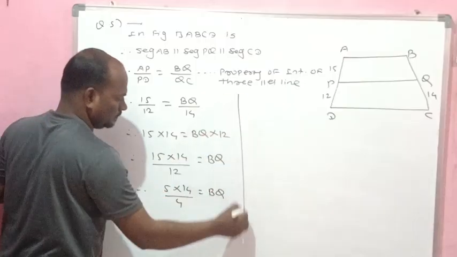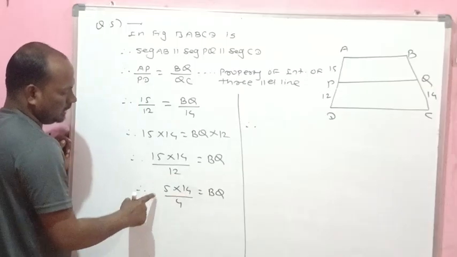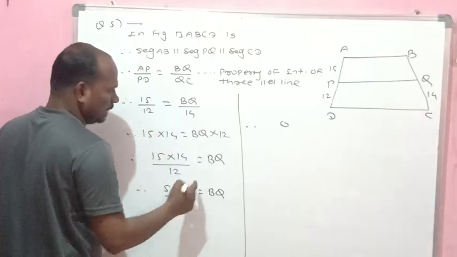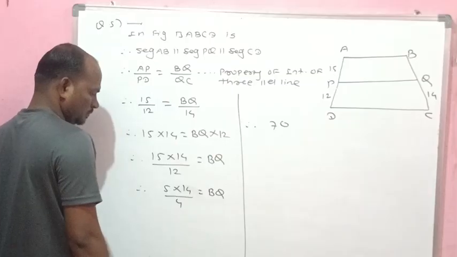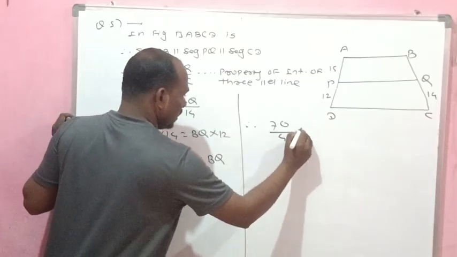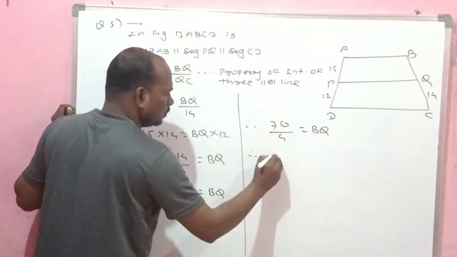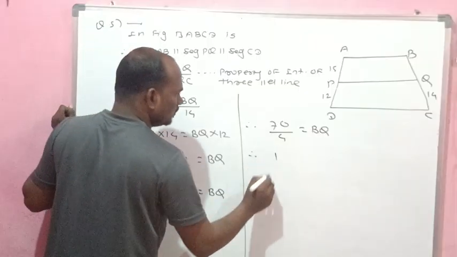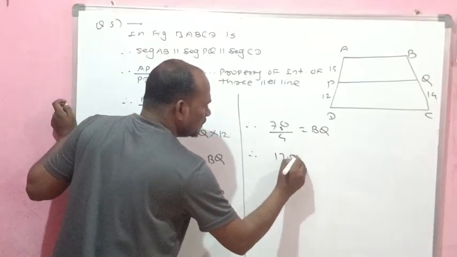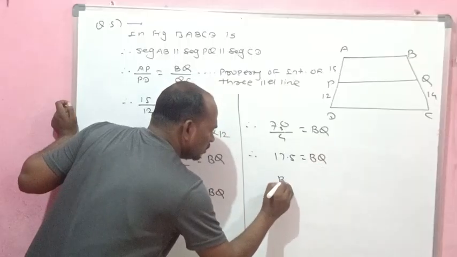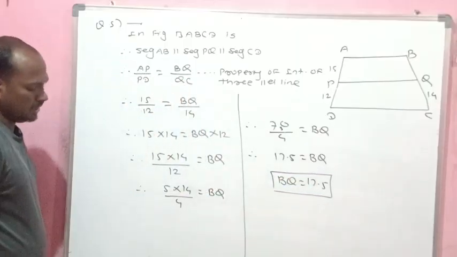Now therefore we can multiply 14 into 5, that is 5 4s are 20, carry 2, 5 1s are 5, 5 plus 2 7, divided by 4 is equal to BQ. Therefore 4 1s are 4, carry 3, that is 4 7s are 28 and 4 5s are 20, that is BQ equal to 17.5. Now this is the value of BQ, 17.5.